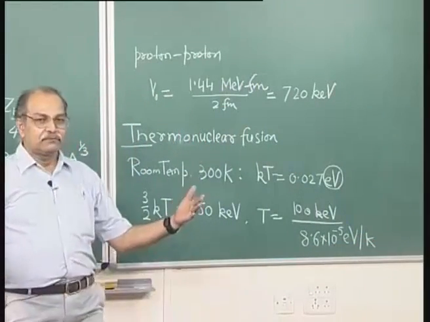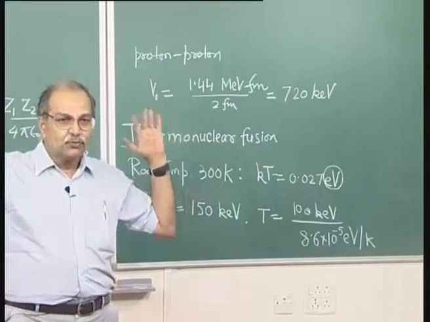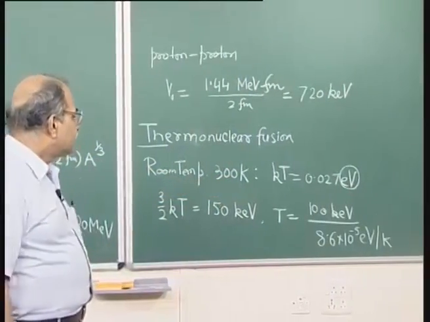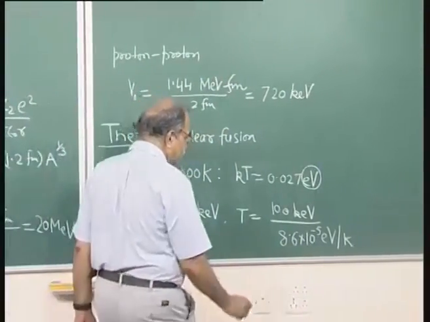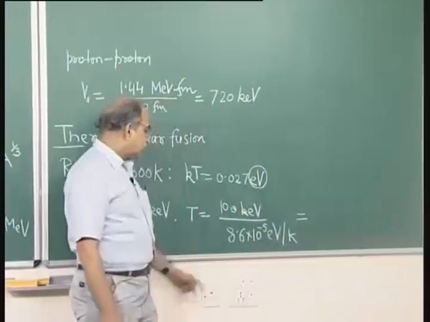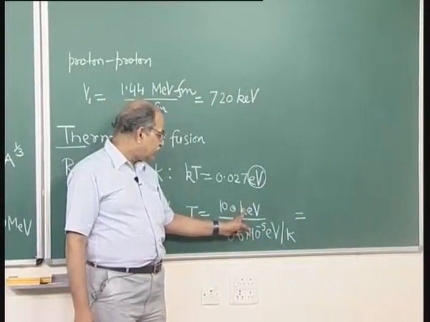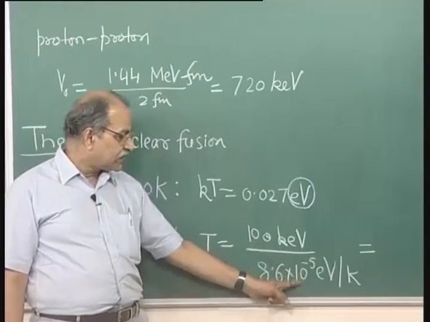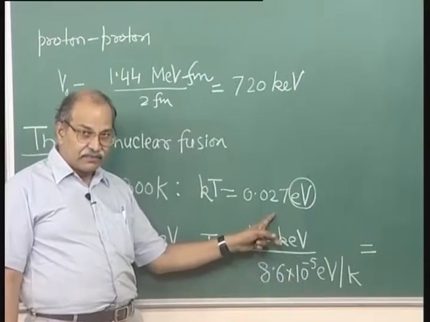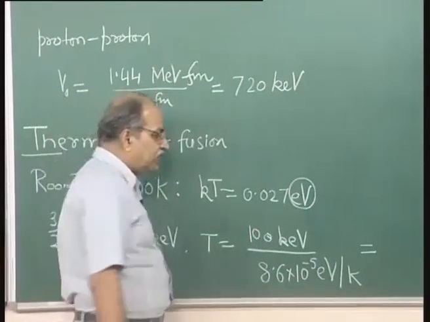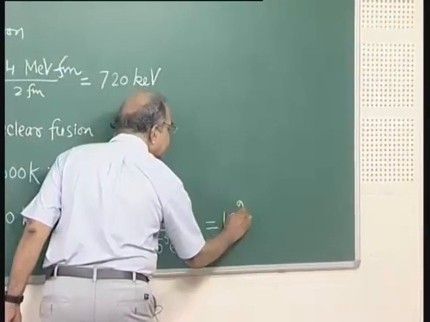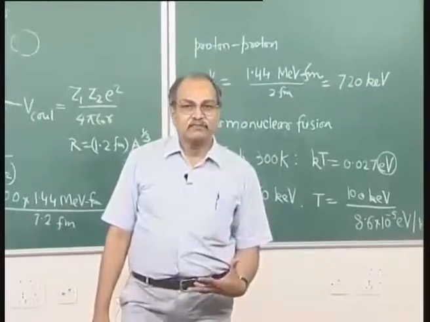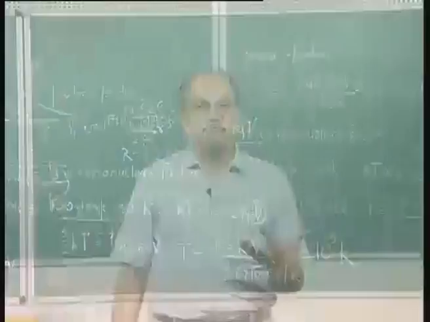That is one unit is in terms of joules and so on, but this is also in terms of electron volt, this is the value. So, how much is this? This is kilo electron volt. So, 10 to the power 3 will come from there, 10 to the power 5 here, and 10 to the power 5 from here. So, this will be 10 to the power 10 and divided by 8.6. So, something like 10 to the power 9 Kelvin. This is a very high temperature.